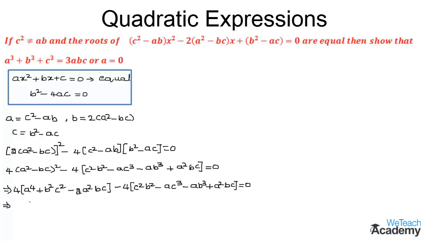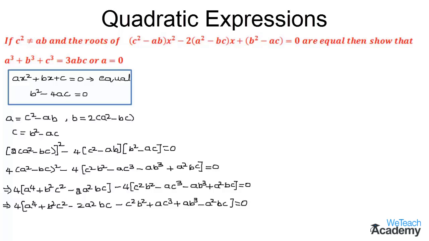In the next step, by taking 4 as a common factor, we get 4 into a power 4 plus b square c square minus 2a square bc minus c square b square plus ac cube plus ab cube minus a square bc is equal to 0.